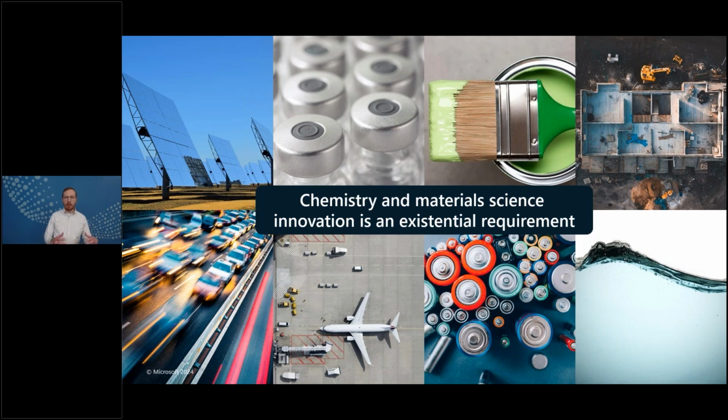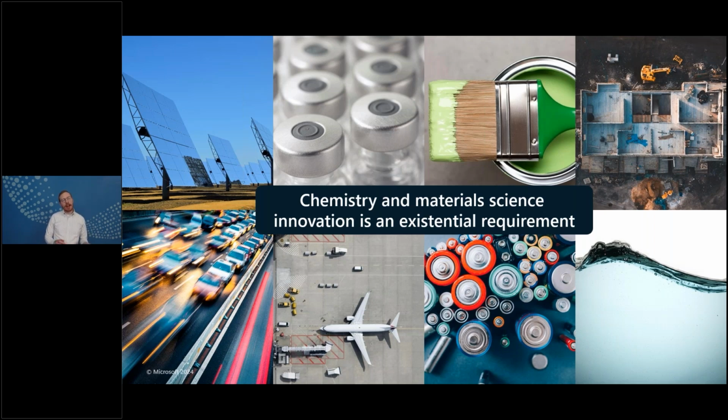And at the heart of all these problems, really, there is a solution, or at least part of the solution, that comes from R&D, whether it's chemistry R&D or material science R&D. And so our vision really is to be able to empower every person, every organization, every scientist to achieve more. And that's one way that we can have a global impact as a company, by empowering these researchers at the cutting edge of these challenges to really hit their full potential and to be more productive and to do more.